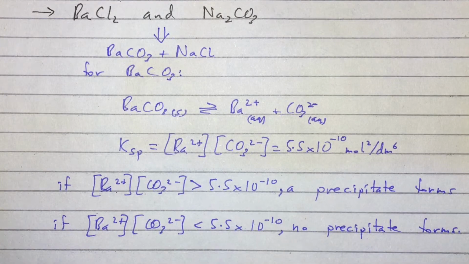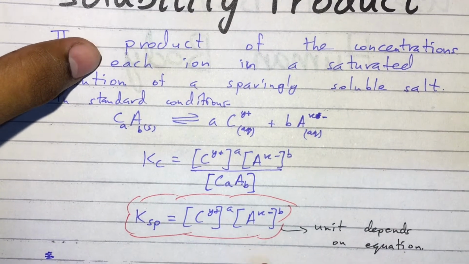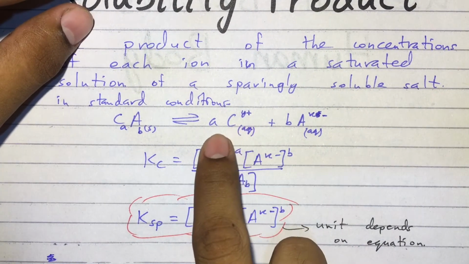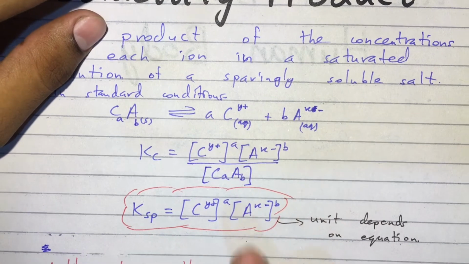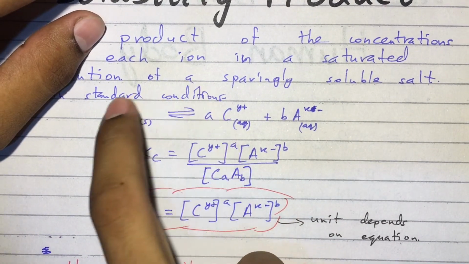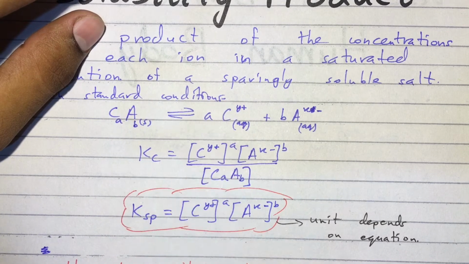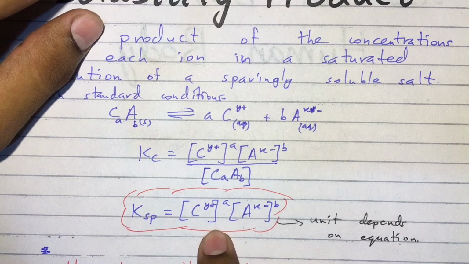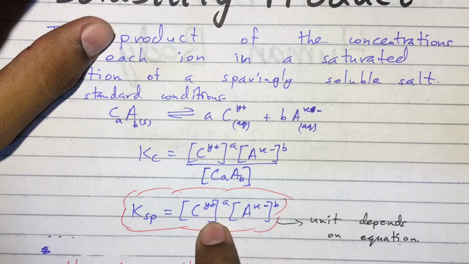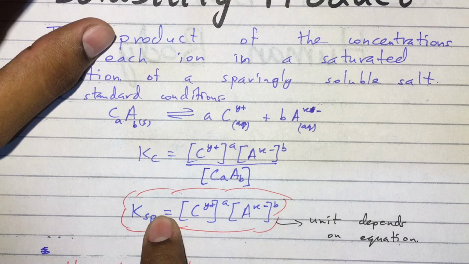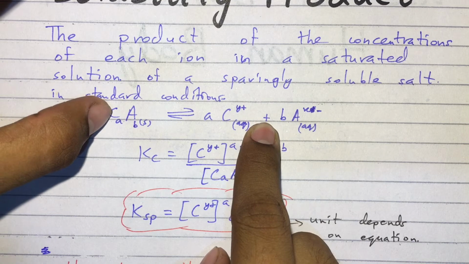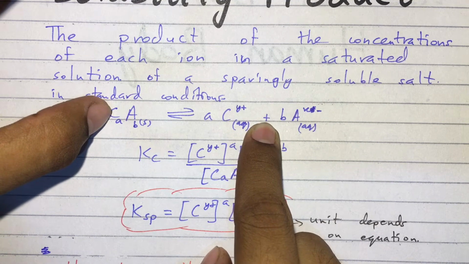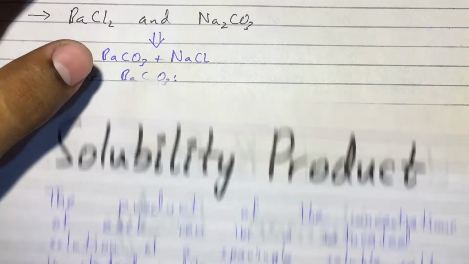The reason for that is that basically the Ksp value was the product of the concentration of the products, right? So at the Ksp value there was equilibrium. However, if the value of the product of these two increases, is more than the Ksp value, then equilibrium will shift towards the left hand side, which is why a precipitate will be formed.